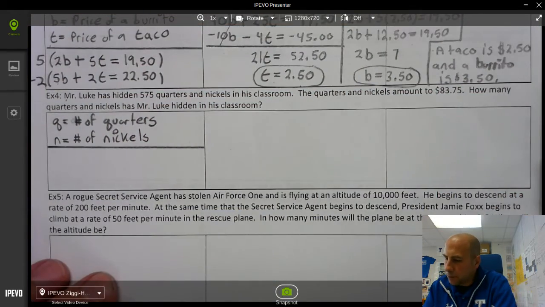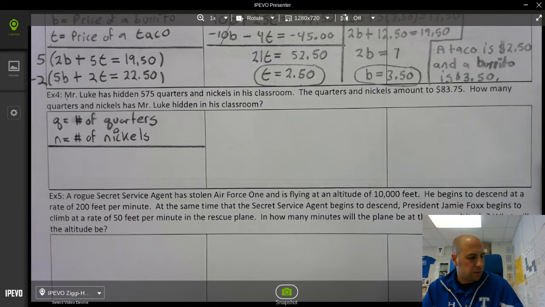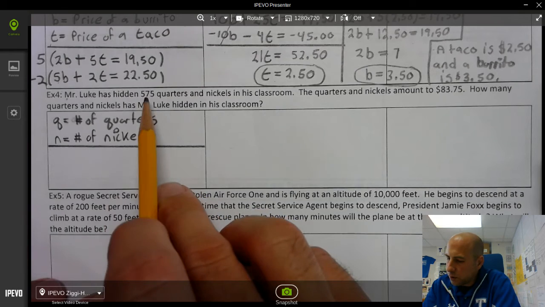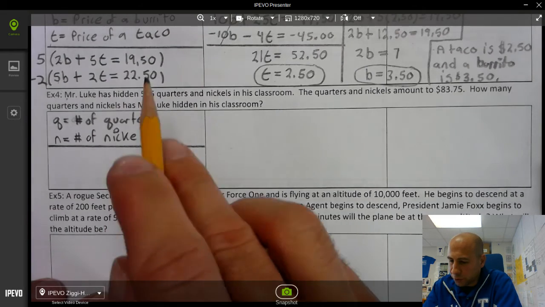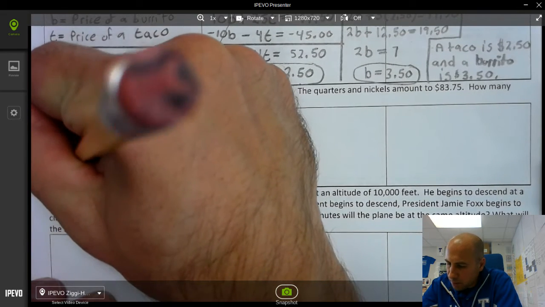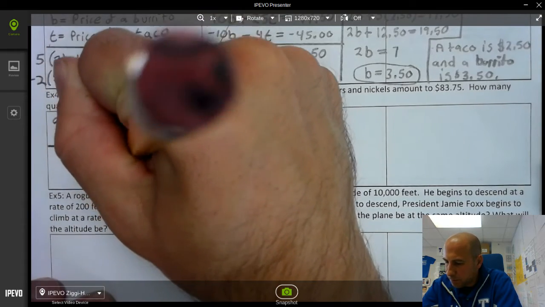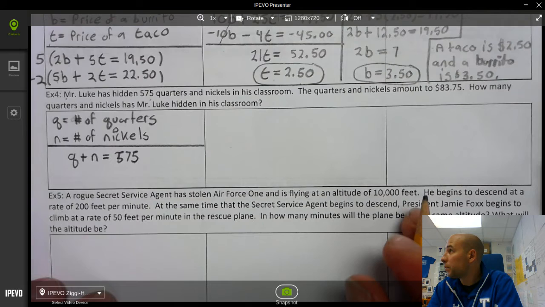All right, so now to write the equation. So 575 sounds like a total. So we're going to do Q plus N equals 575. Okay.